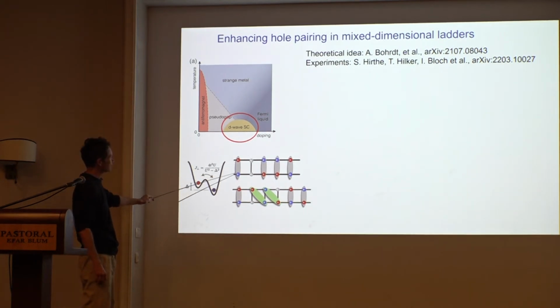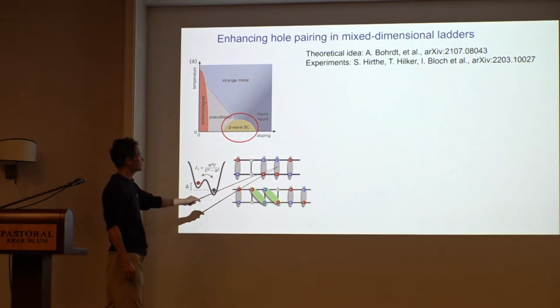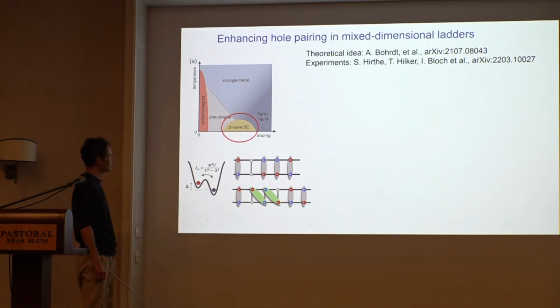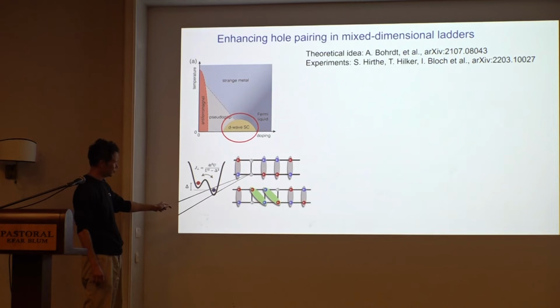So let's start with a ladder. And then we can now ask, do we have pairing? Let's say if we dope it, do we find holes sitting on the same rung? On one hand, it's clearly beneficial because this way we can have nice arrangements of singlets across the ladder, but on the other hand, in this arrangement holes cannot tunnel individually, right?